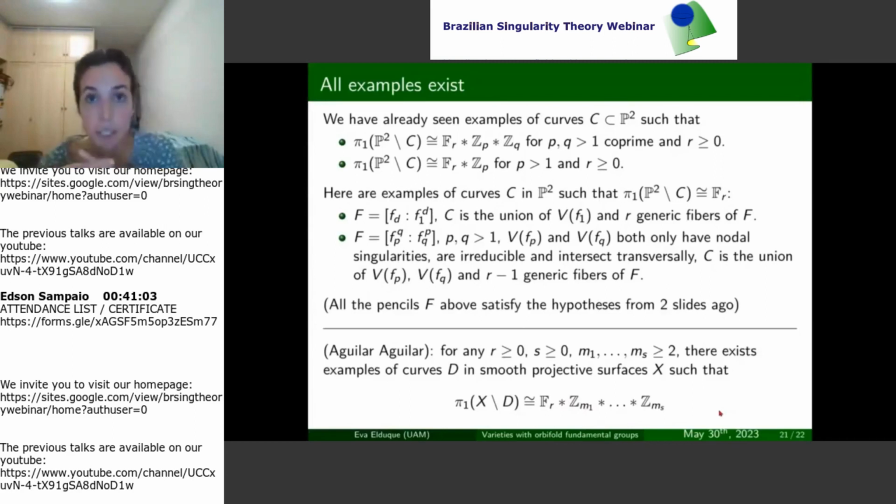And he started with a line arrangement and he did some blow-ups so that he could get those multiplicities, and he told us how his method could be generalized to get anything like this. So any open orbifold fundamental group can be seen as the fundamental group of a curve complement in a smooth projective surface by his methods. So I thought that was really interesting.